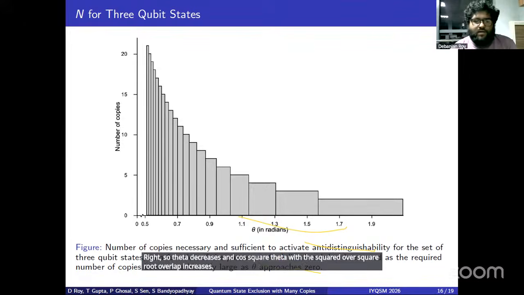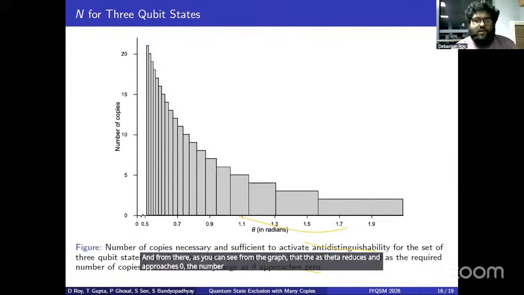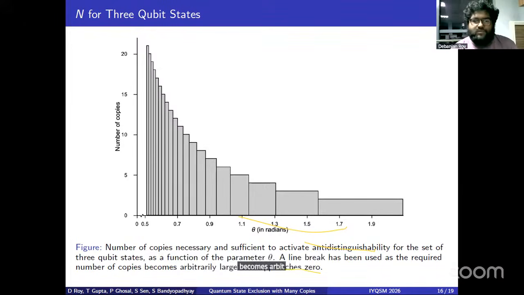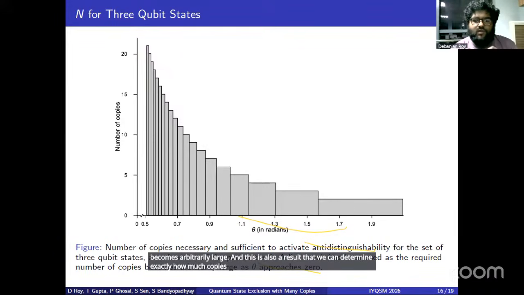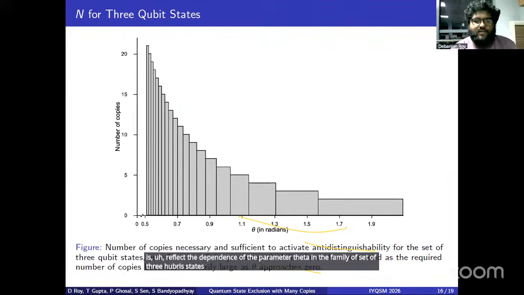And as you can see from the graph, as theta reduces and approaches 0, the number of copies becomes arbitrarily large. This is also a result where we can determine exactly how many copies are required, and how the dependence on the parameter theta in the family of 3 qubit states is reflected in the number of copies as a function of theta.